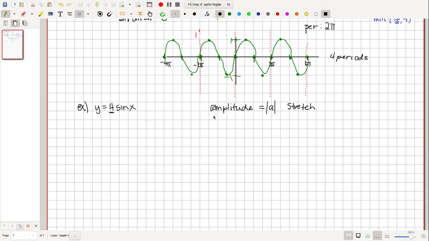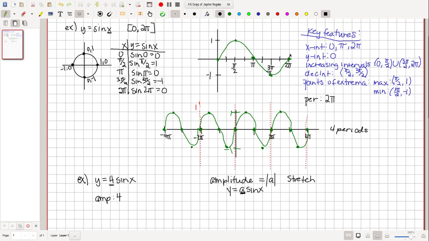Where is A located? A is right in the front. Sometimes that A will be negative, but remember amplitude is the absolute value of A. So right here, our amplitude is 4. I'll show you in a minute how that's going to affect our graph.